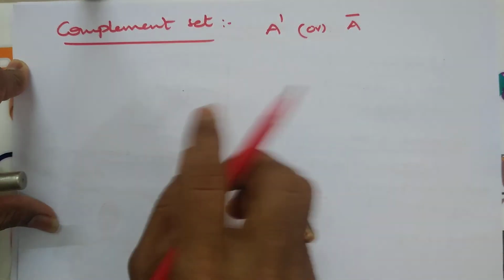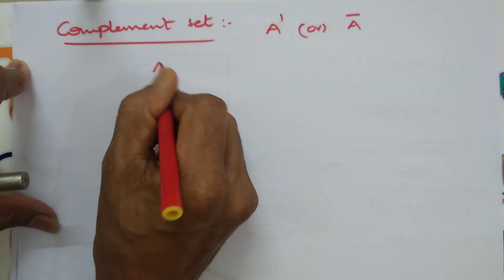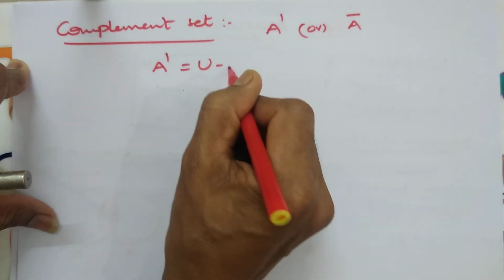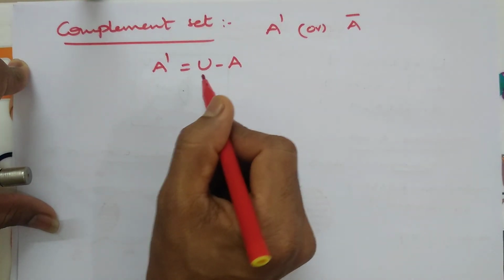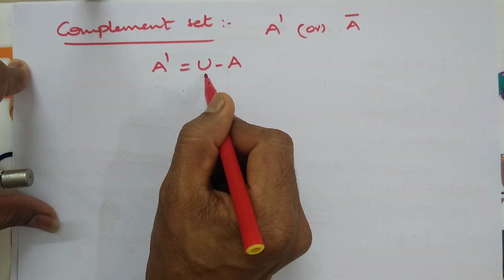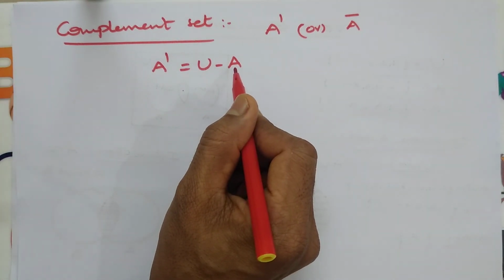Okay, no problem. You can mention A bar also. So A complement is nothing but U minus A. The elements are present in the universal set but not in A.